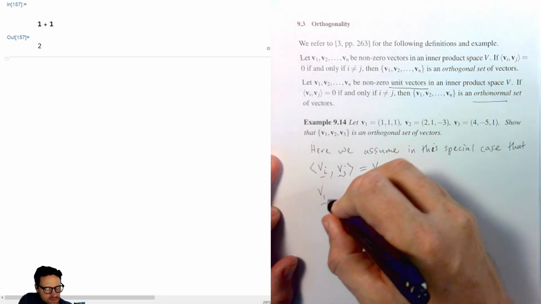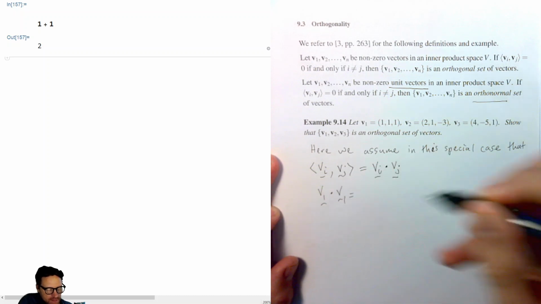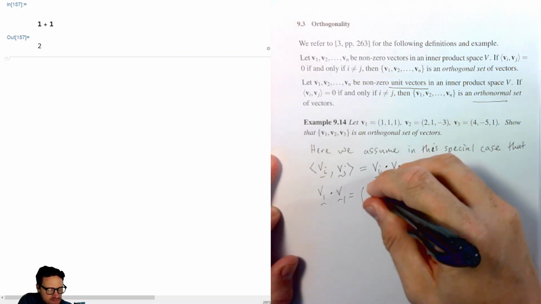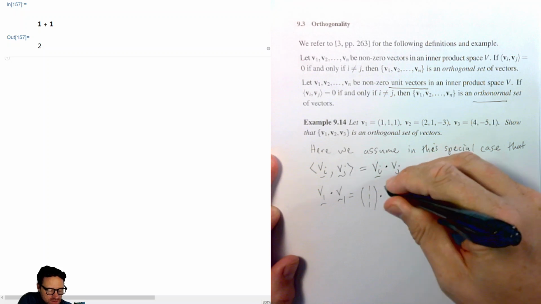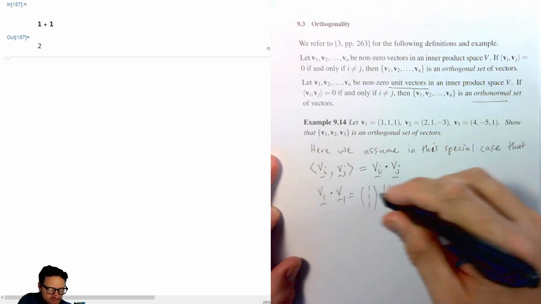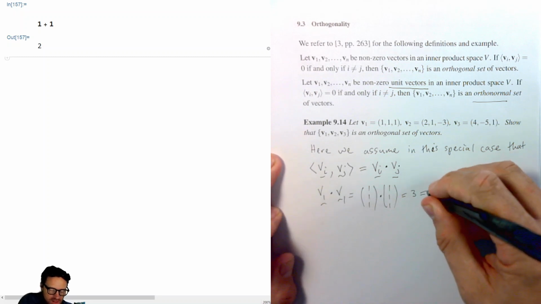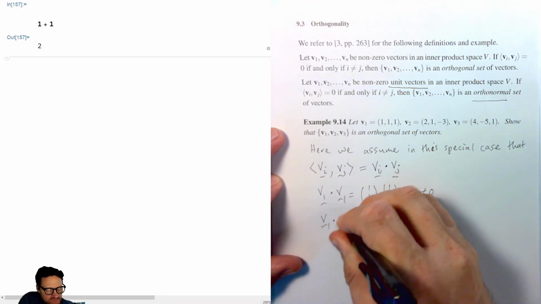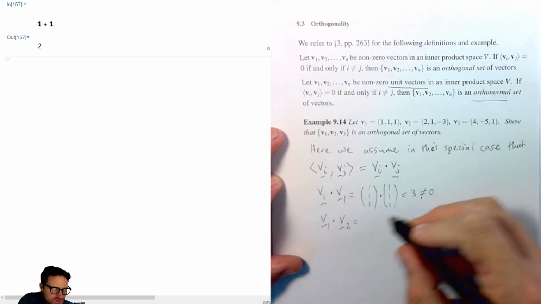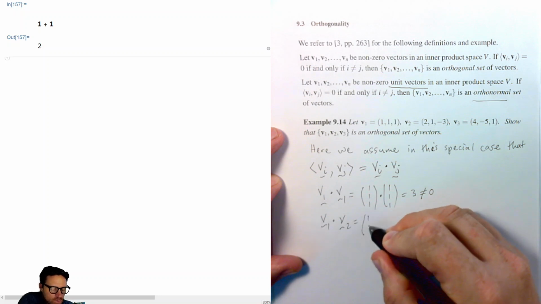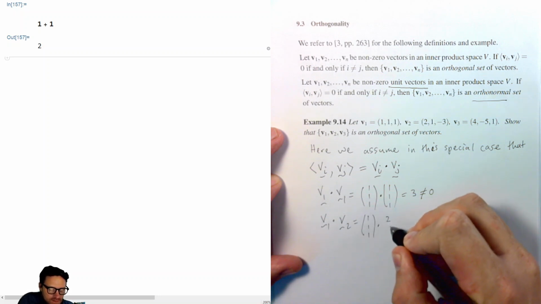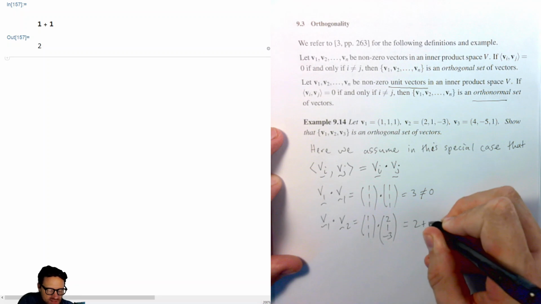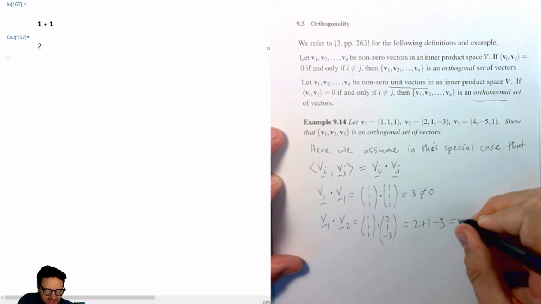So v1 dot v1, and I'll just transpose these to take their dot product, is 1 plus 1 plus 1, which is 3. That's not 0. v1 dot v2 is (1, 1, 1) dot (2, 1, -3), and that's 2 plus 1 minus 3, which is equal to 0.